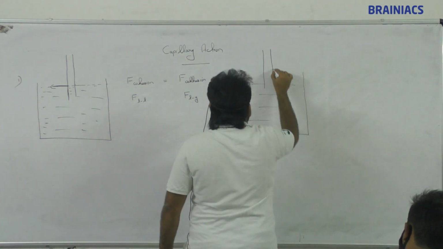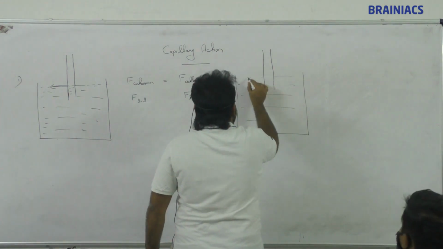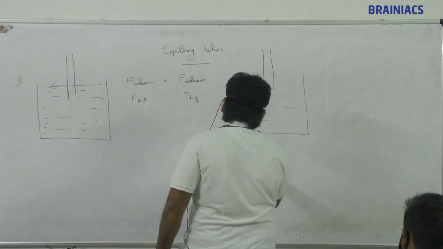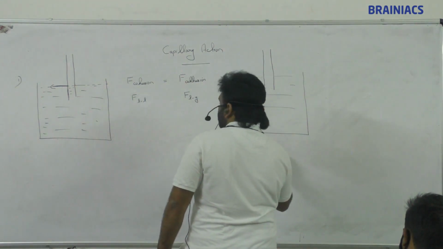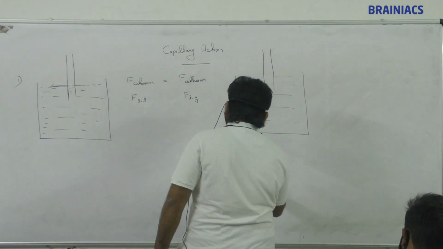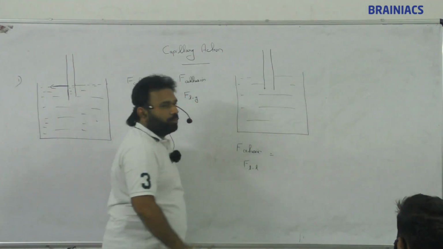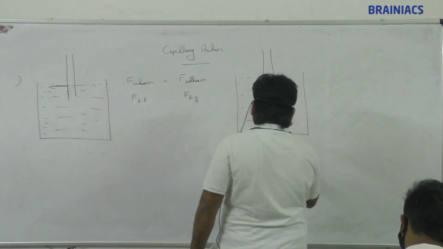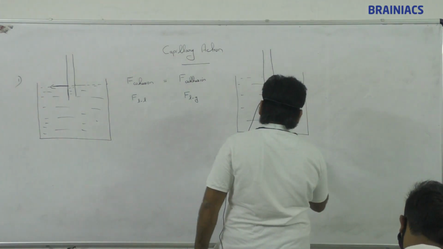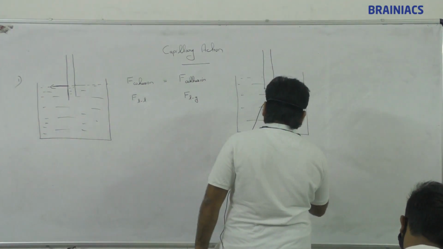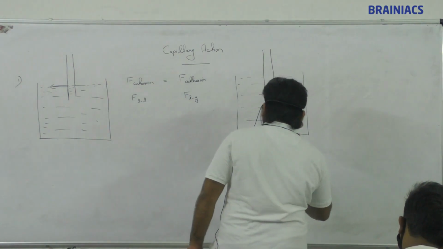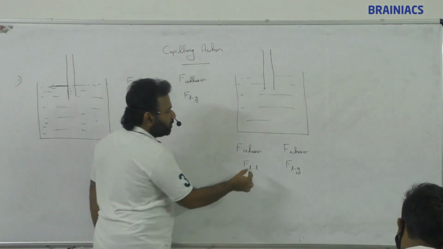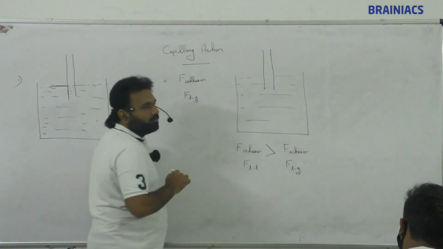Another possibility is we keep a capillary tube here. Force of cohesion is the force between liquid molecules, and on this side it is force of adhesion, the force between liquid and glass molecules. Suppose force of cohesion is greater than force of adhesion.